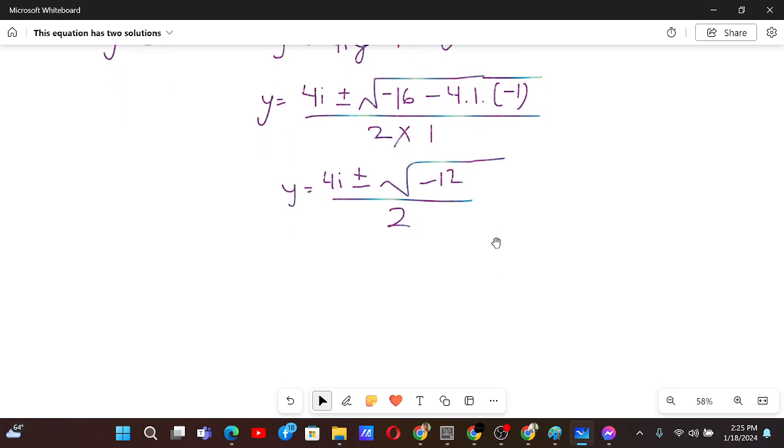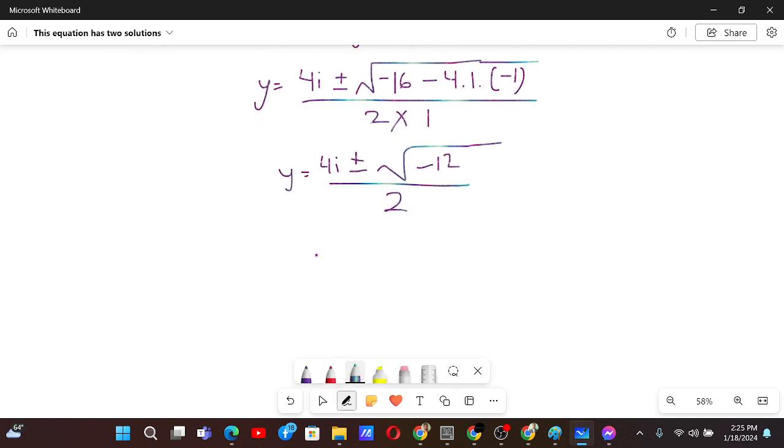Now this is y equals 4i plus minus 2 root 3 times i, because the square root of minus 1 is i. Now if we divide by 2, we get 2i plus minus root 3 i.